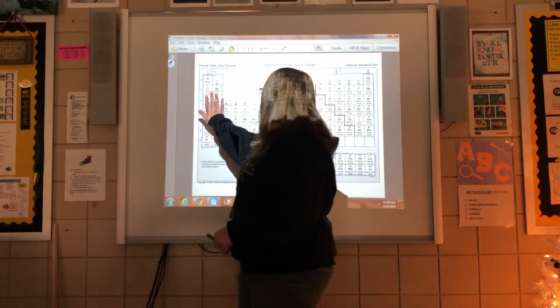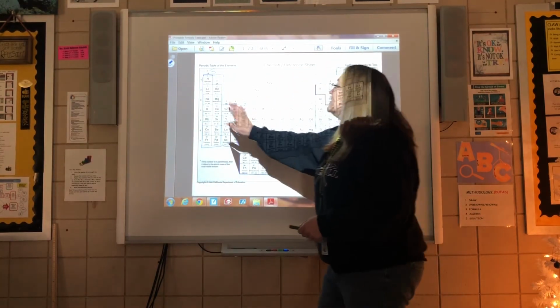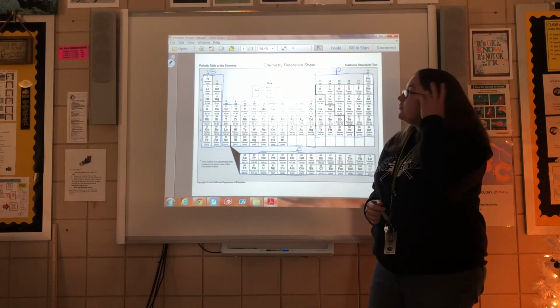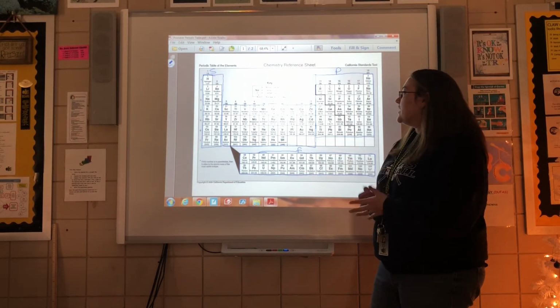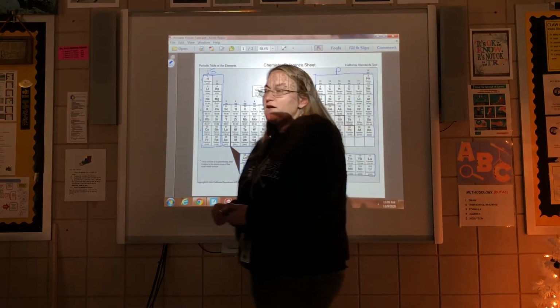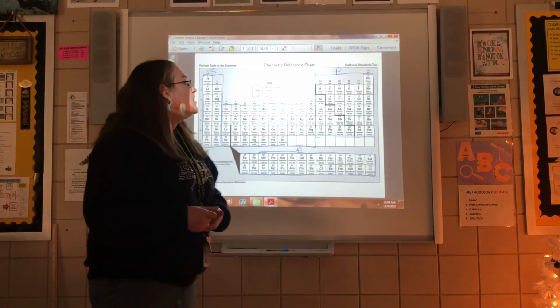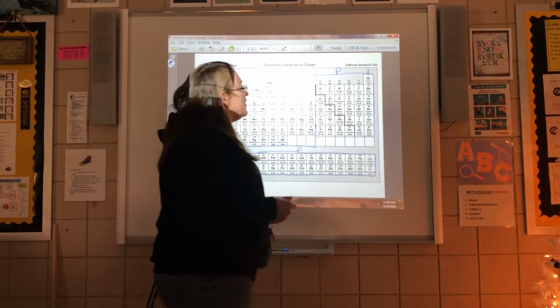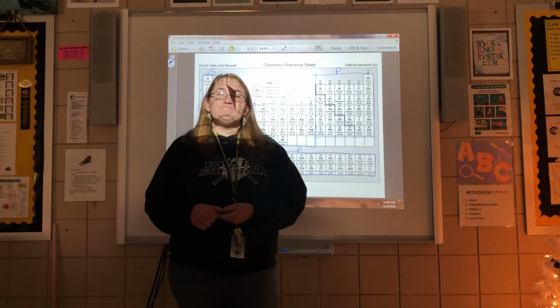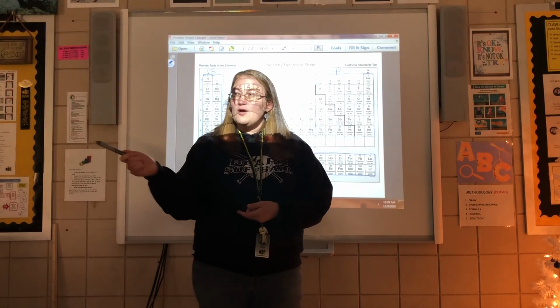Okay, so every block, every room represented a block on the periodic table. So when I look at sulfur, if you've got a number 16 on your configuration, sulfur should end in 3p4. Am I correct? Did I just do that whole line in my head?